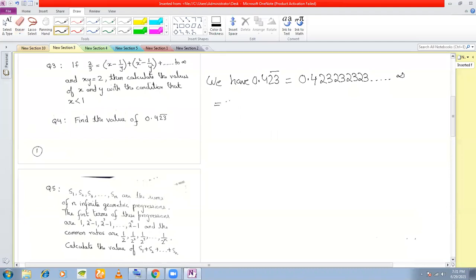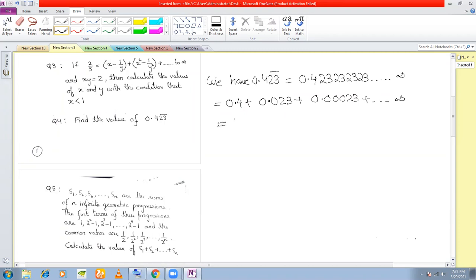Now, this you can write as 0.4 plus 0.023 plus 0.00023. You can write it in this way, and this will continue till infinity. Can you write this or not?